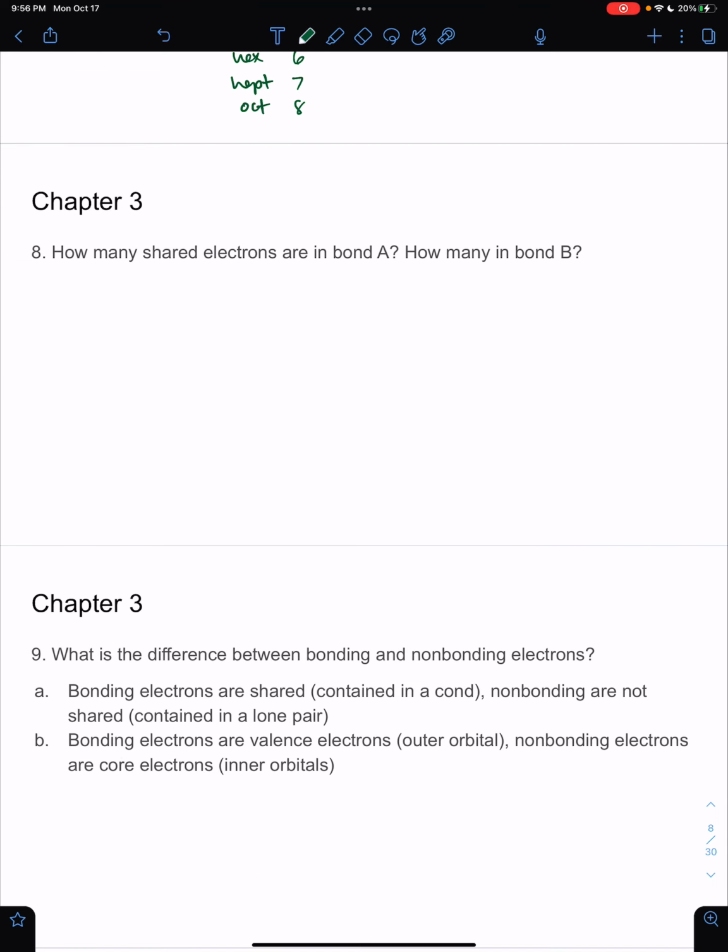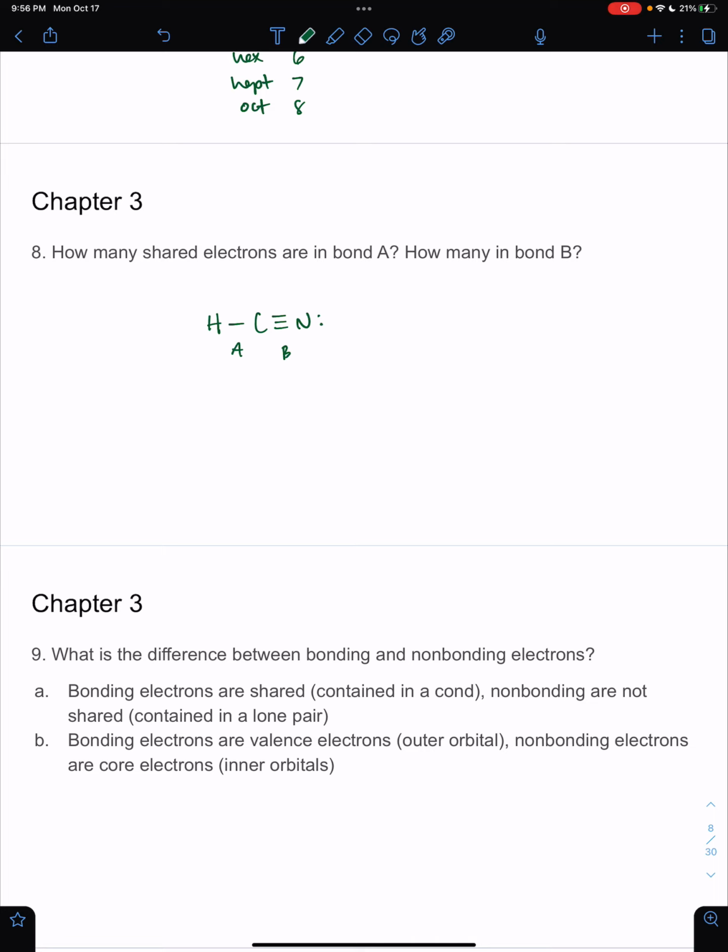Okay, and then for this question, let me draw a random molecule. Let me do this instead. Okay, so this is HCN. So this is going to be bond A and bond B. It says how many shared electrons are in bond. She might have a molecule drawn out like this and have the bonds labeled, I would assume.